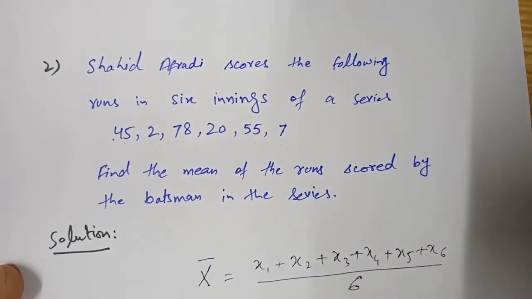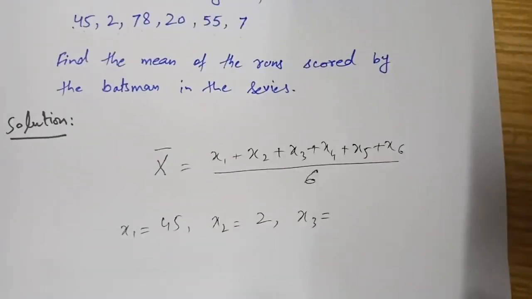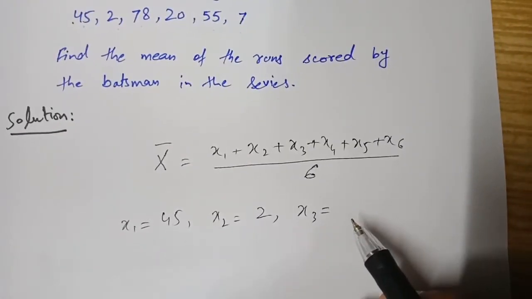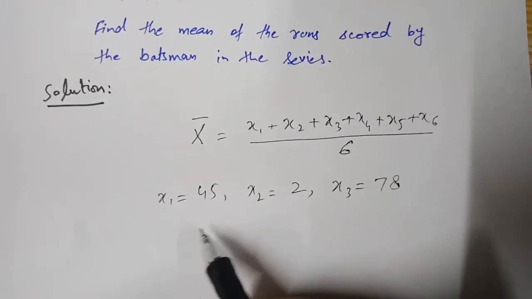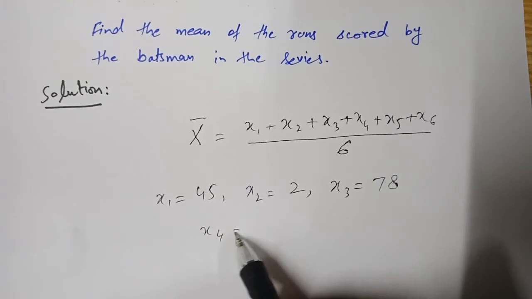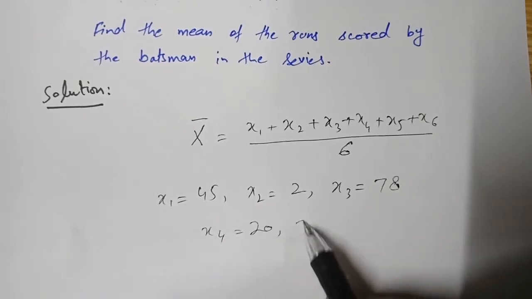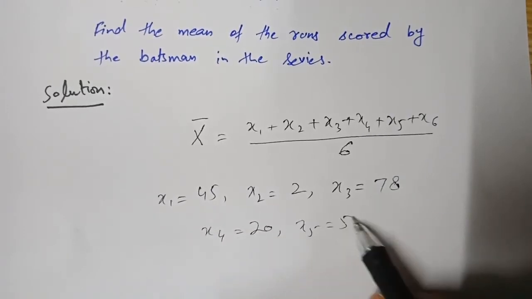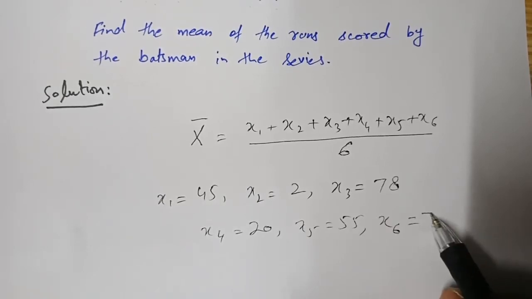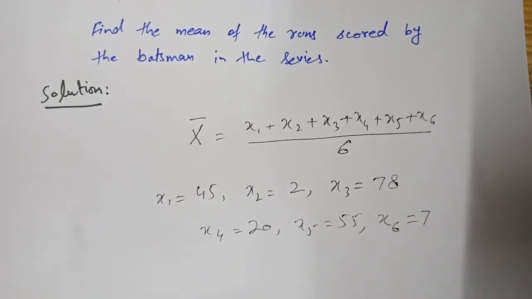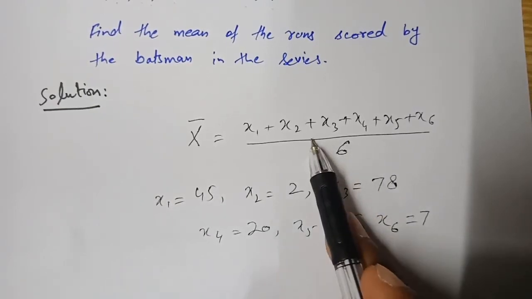x2 is equal to 2, x3 is equal to 78, x4 is equal to 20, x5 is equal to 55, and x6 is equal to 7. Now put these values in this formula.